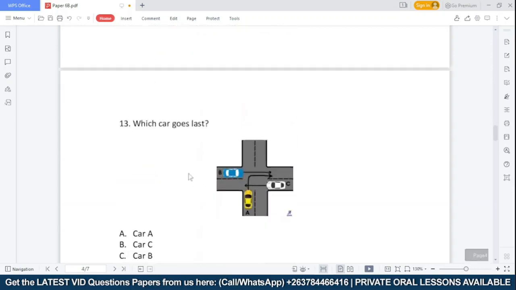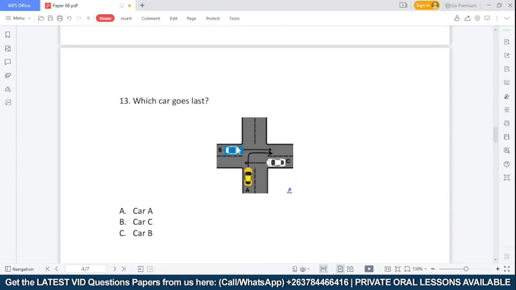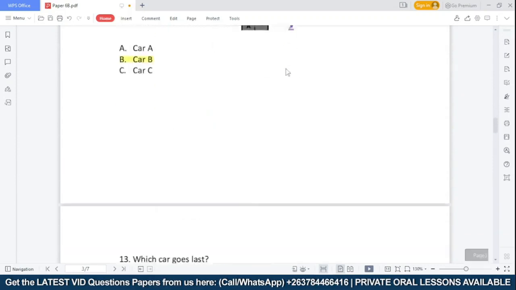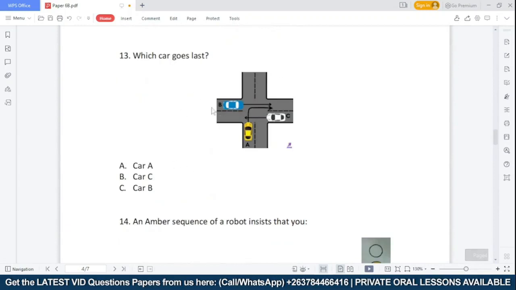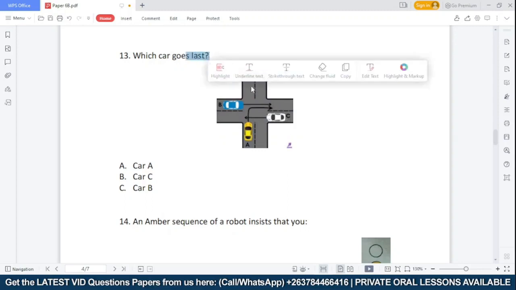Now for number 13, which car goes last? It's also what I've explained here. As you can see, it's more of the same diagram. First we start with B. Give the right of way to car A, and car A gives the right of way to car C. So here we are looking at the car that goes last, right?